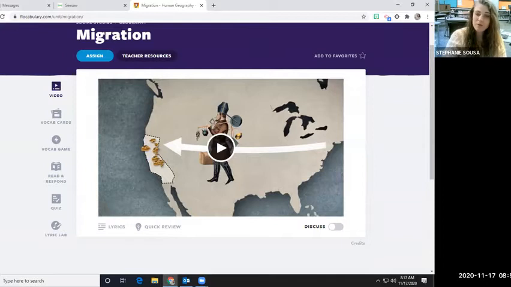They migrated. They did not immigrate, because if they had immigrated, that would be a different country. But California is still inside of America, so we say they migrated. So migrating is when you move to a different location within the same country. Here is some background information on migration.